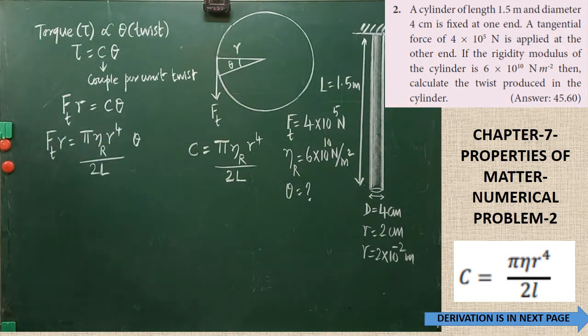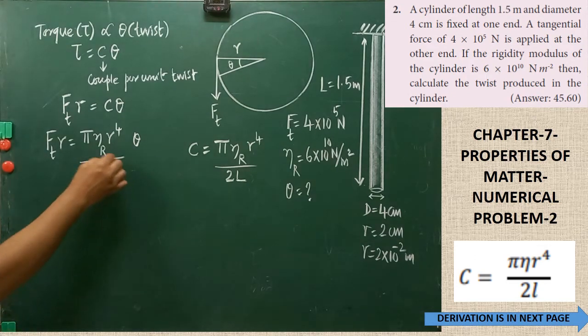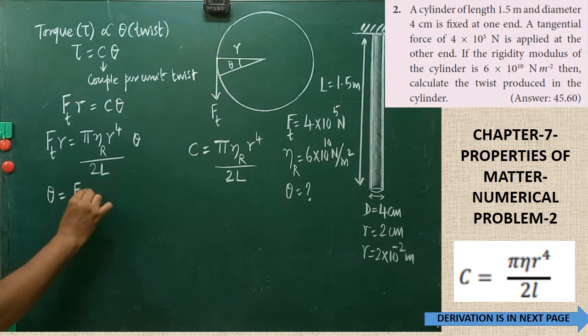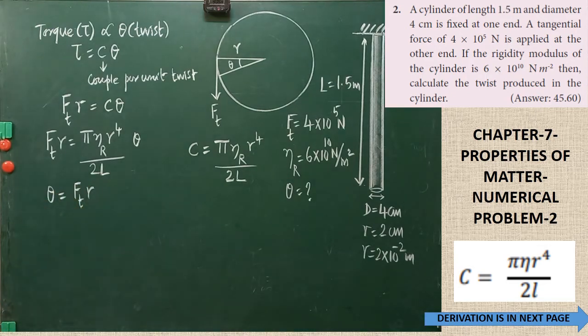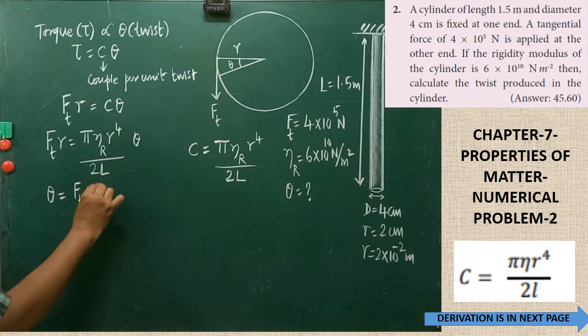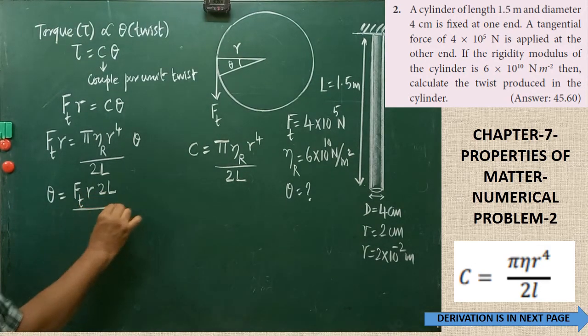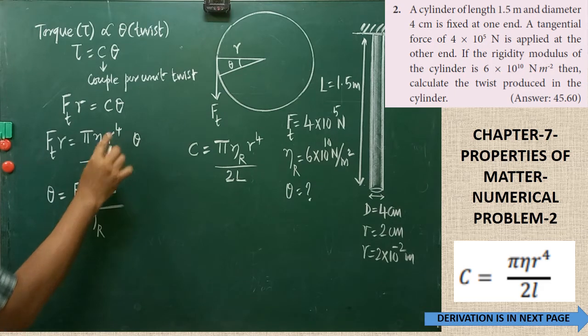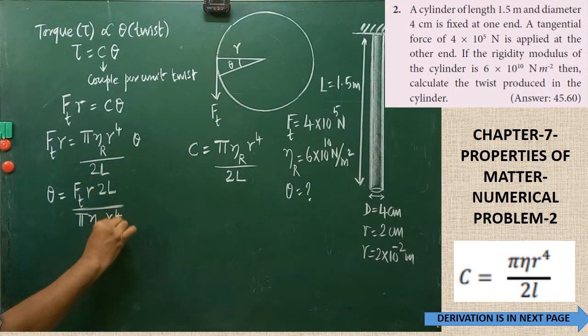So what is required for us? Theta is required. Interchange the formula, you will get the answer for theta. How to get the formula for theta? Theta is equal to tangential force Ft into R into 2L whole divided by pi eta r, and then the remaining factor R power of 4 is there.